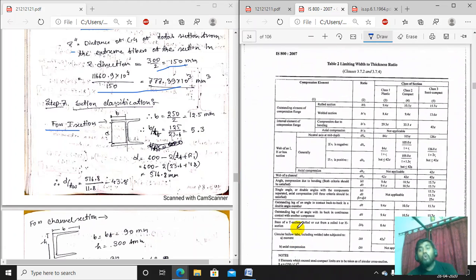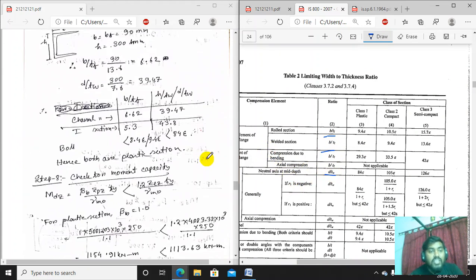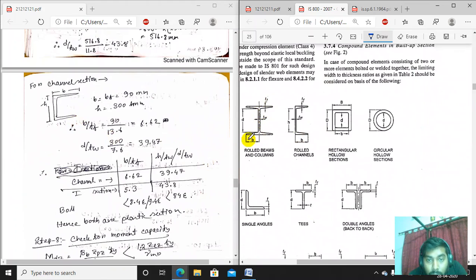So when we are calculating the I section, first B by TF and D by TW have to be found out. B by TF, B means for an I section, from the extreme fiber to the center, and from the channel, this is the depth of the flange.